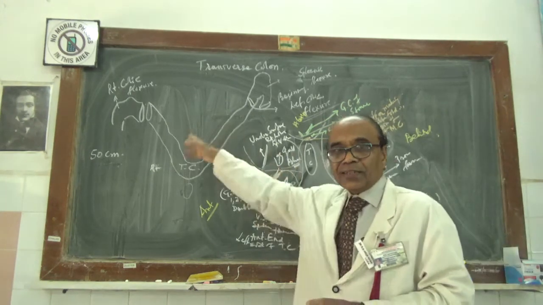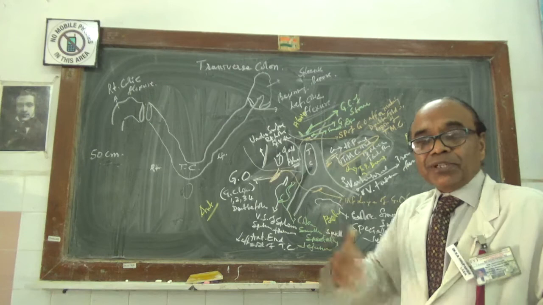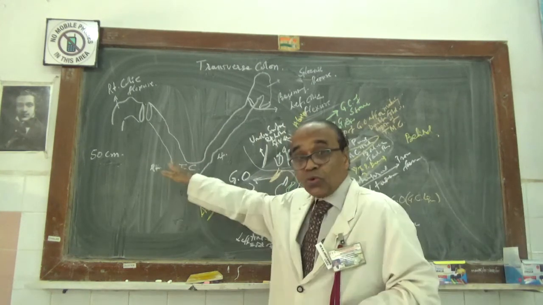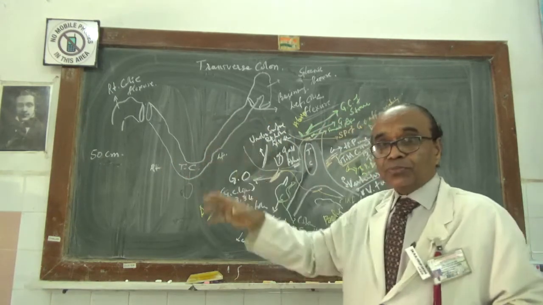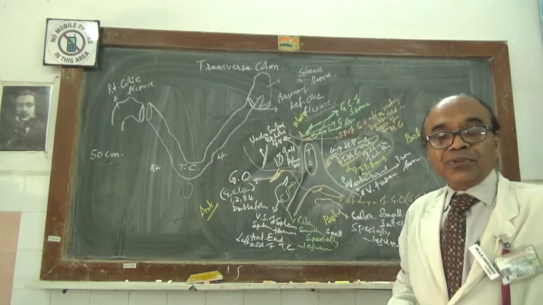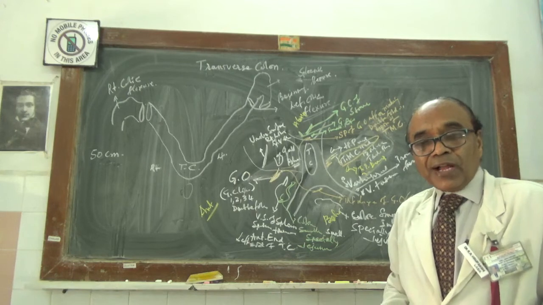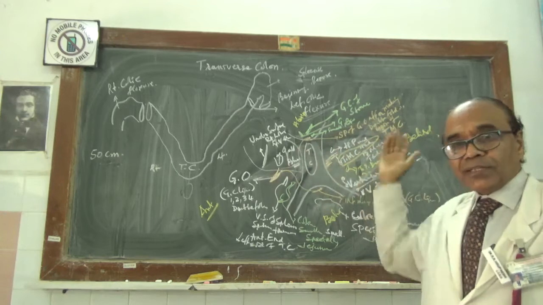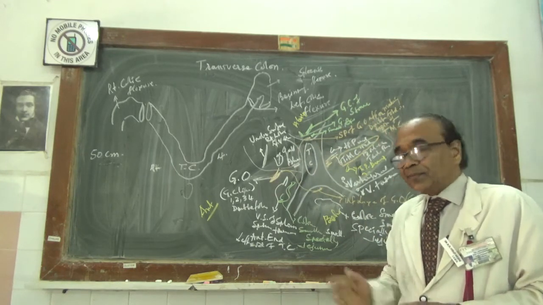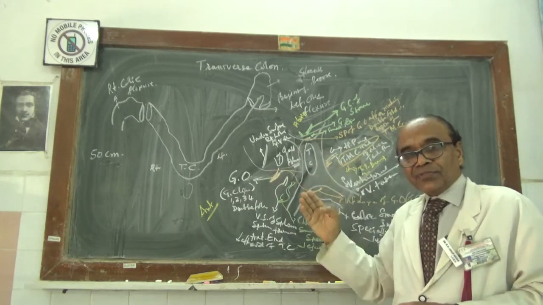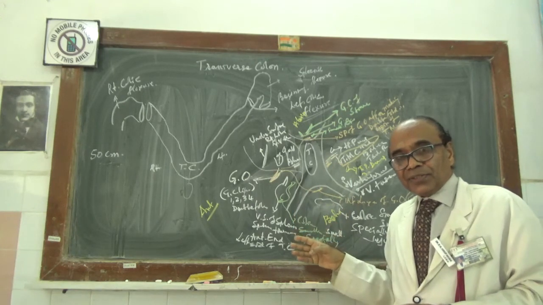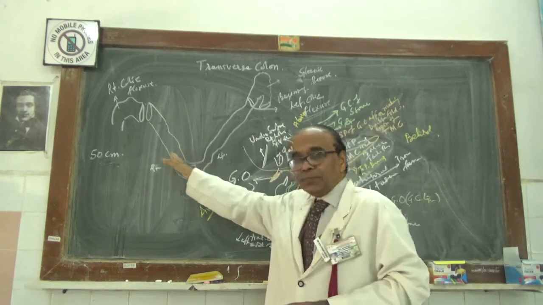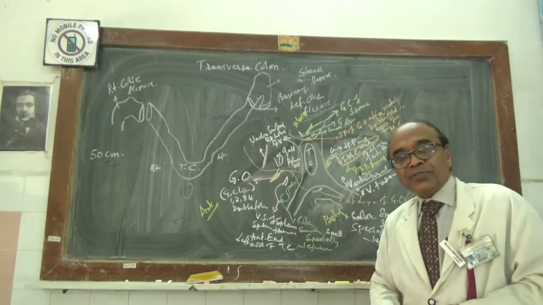Left part is hindgut, right part is midgut, because their blood supply is like that. The right part is by the superior and the left part is by the inferior mesenteric artery, via the midcolic and the left colic, which is the branch of the inferior mesenteric. So their development is by the midgut for the right part, and the left part is by the hindgut.